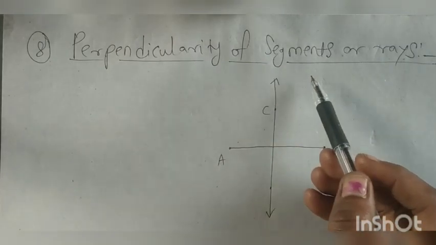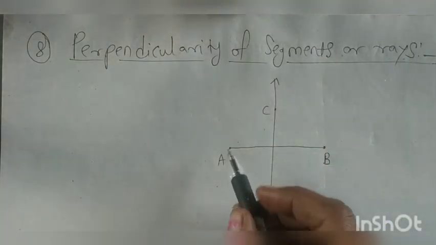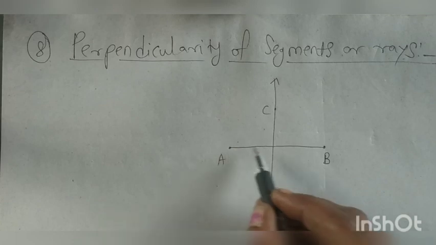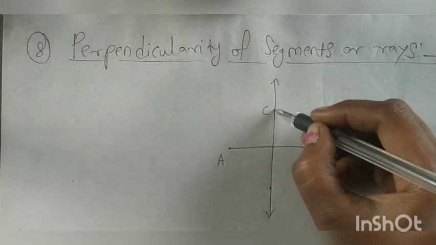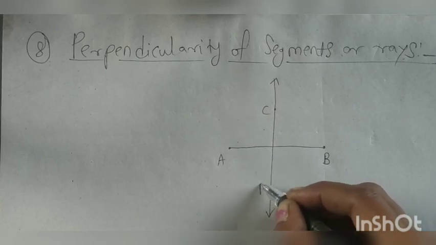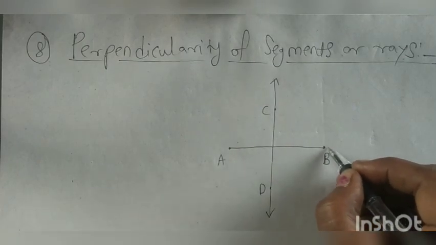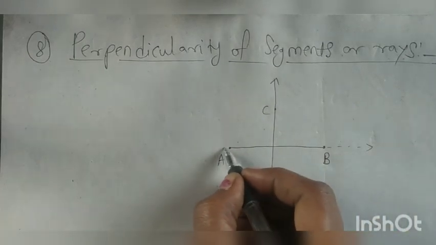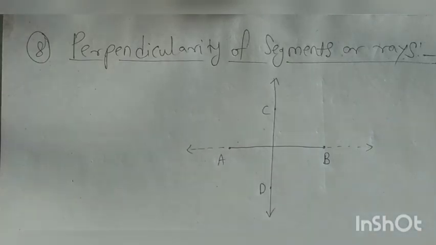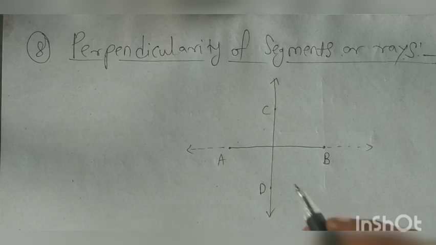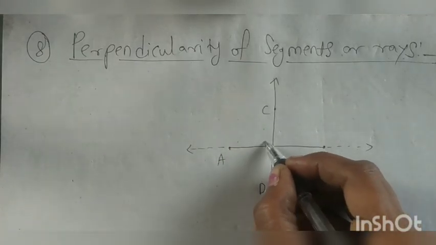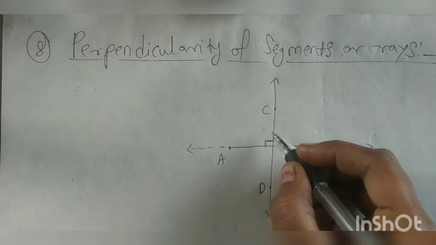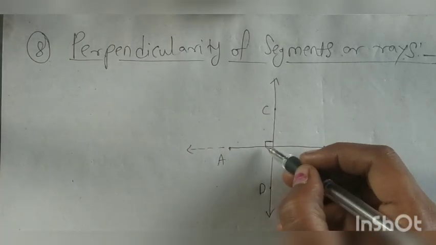Perpendicularity of segments or rays. Now see, this is the segment AB and this is the line CD. You can see in this figure, segment AB is perpendicular to line CD.